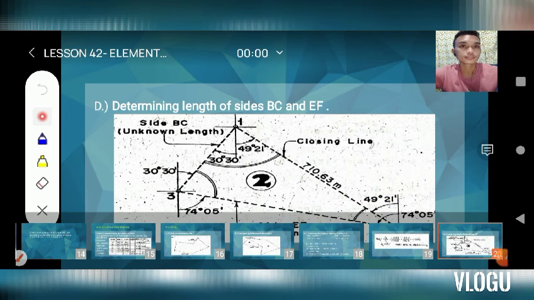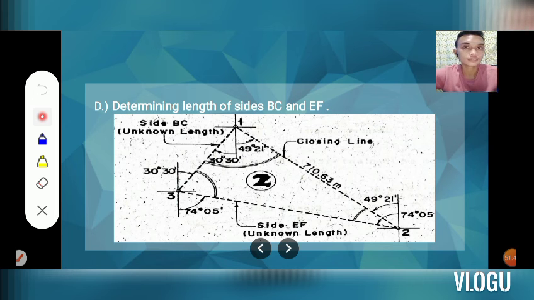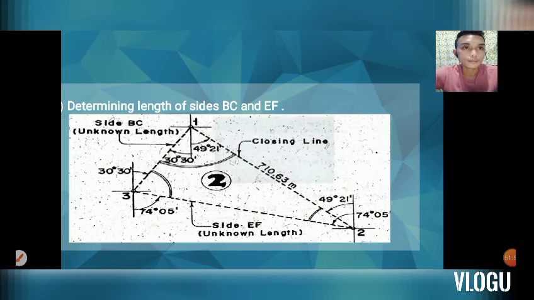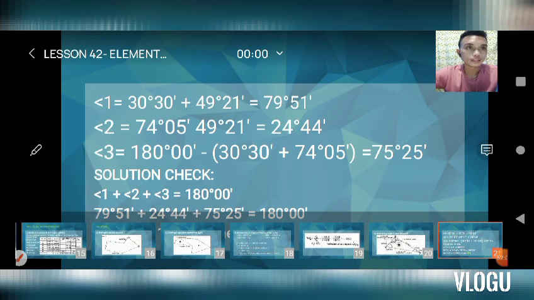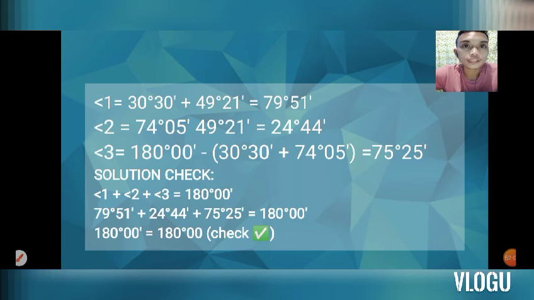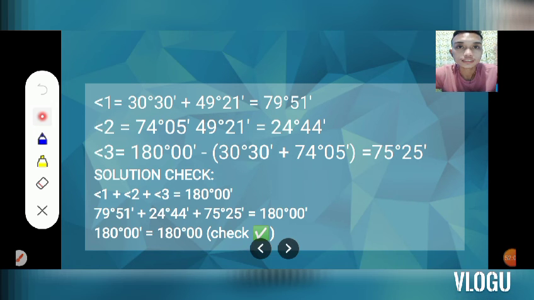After that computation, the measure of angle 1 is 30 degrees 30 minutes plus 49 degrees 21 minutes, which is equal to 79 degrees 51 minutes.